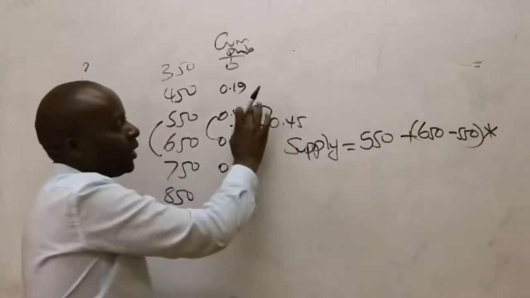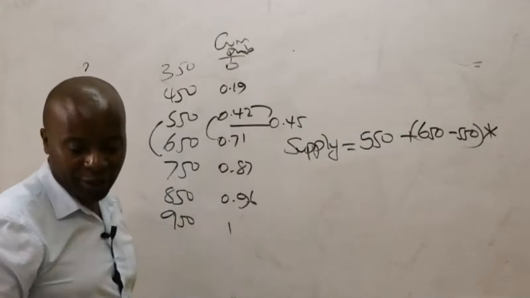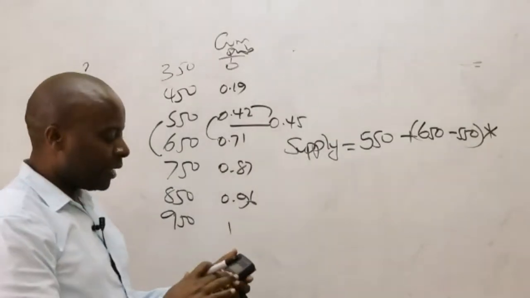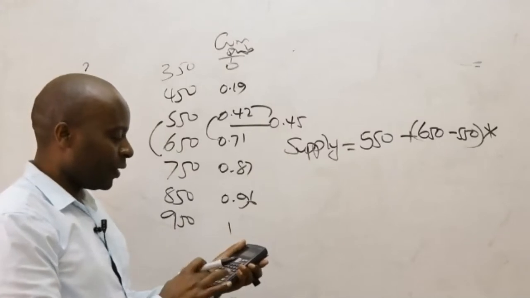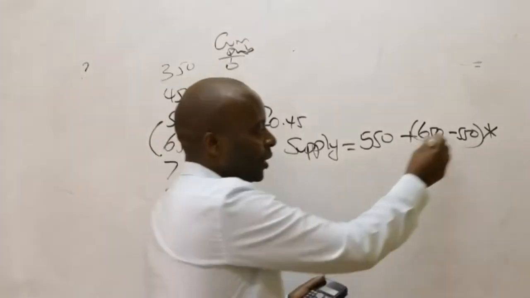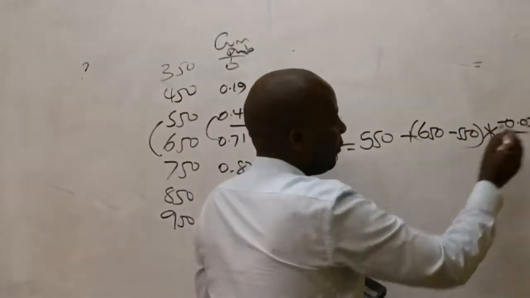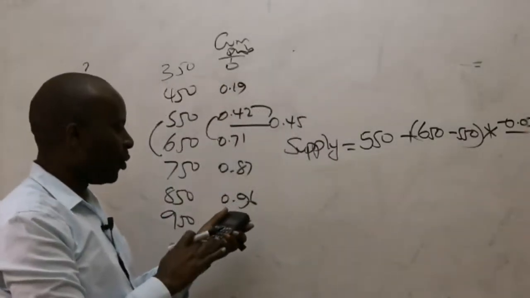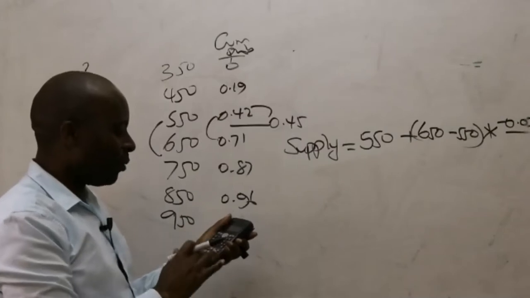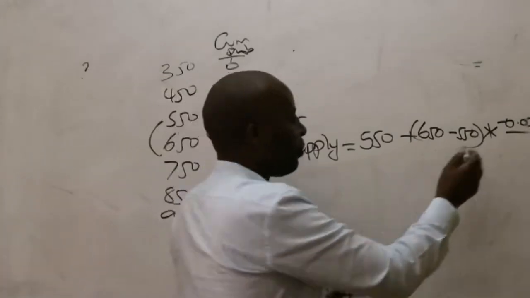Upper arc figure will be 0.42 minus 0.45, which gives negative 0.03, divided by 0.42 minus 0.71, which gives negative 0.29.